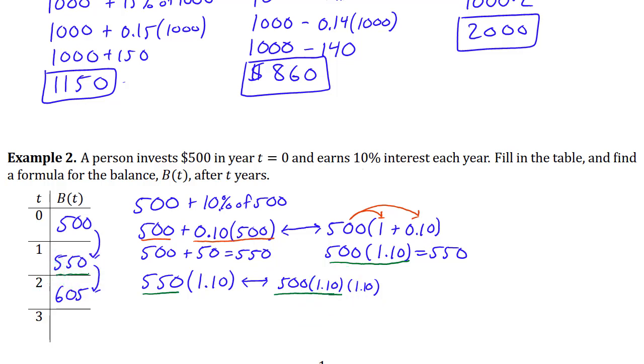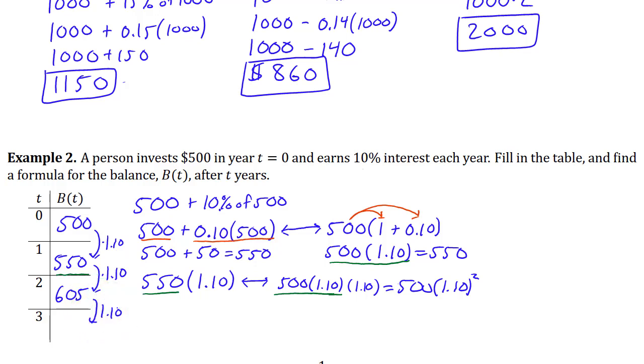And then if you multiply that by another 1.10, take another 110% of that, you'll get the new amount, 605. And that is the same thing as 500 times 1.10 squared. So the idea is every time you go up in the table, go up by 1 year, we're multiplying by another 1.10, which is 110%.